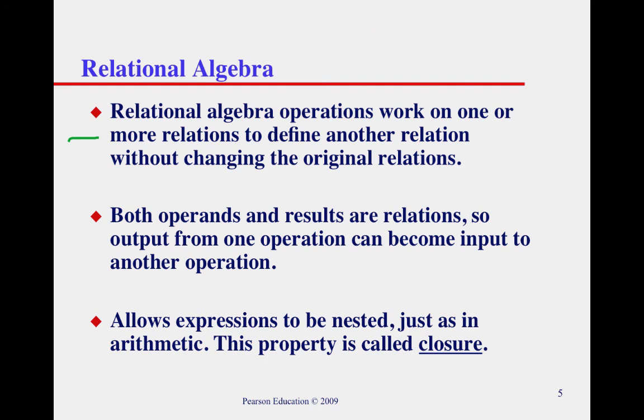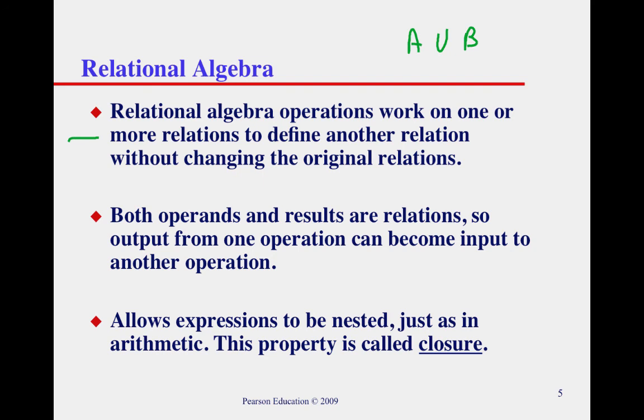If you simply say A union B, that will not modify either of the underlying relations. It will create a new third relation with the union results. It will not add B to A, nor will it add A to B. So that's point one: every operation has no side effects.